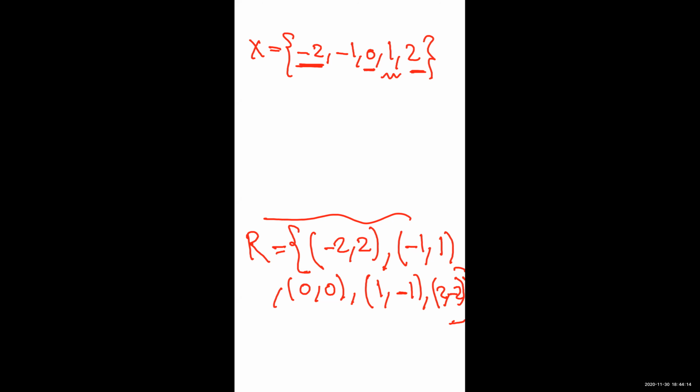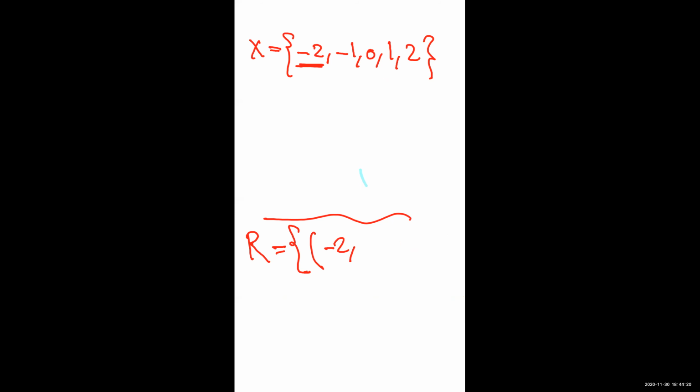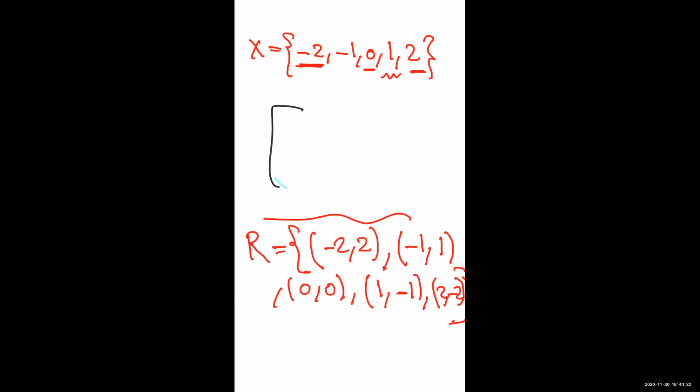The first one uses two rectangles, placing the elements and then arrows. The second method: I will represent the elements like this. This one is -2, then -1, then 0, then 1, then 2, in any shape.